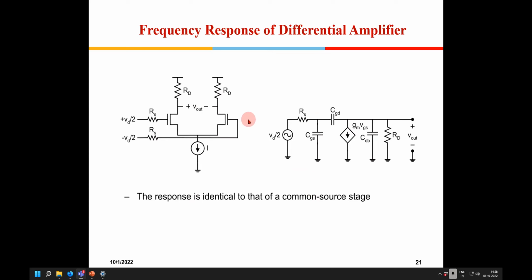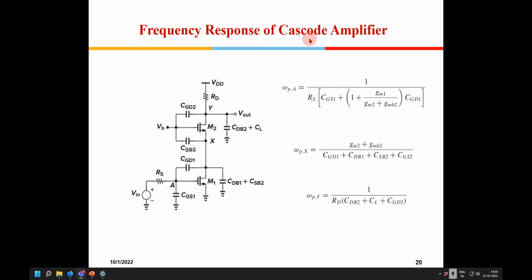Okay. So this is of a CG amplifier. Right now, if I talk about a cascode amplifier, again there are several capacitances here. One capacitance here, one here, one here, one here. Now, at each node, at node A, CGS.